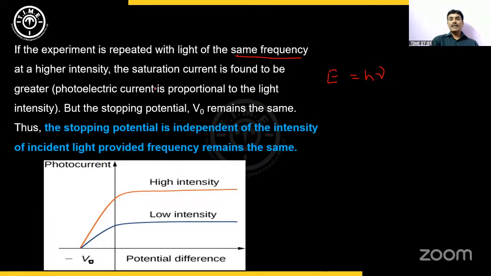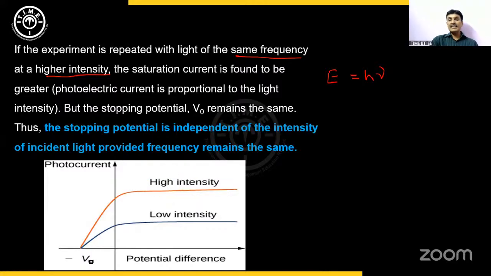When radiation with high intensity is used, the saturation current is found to be greater, because high intensity means more photons are falling on the metal surface, which leads to the release of more electrons. So the more electrons, the more current. That's why for high intensity, we have high saturation current.